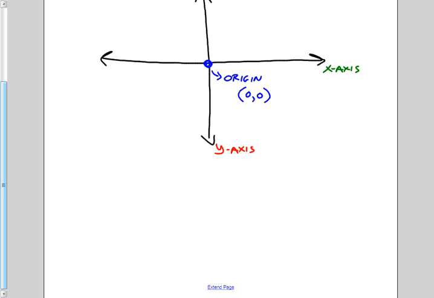Now, some other knowledge I think is helpful here. You guys should know that any coordinate on here is the value x, comma, y. And those x and y correspond to the x and y axis. Well, in addition, we can remember a few things about this. We can remember that x tells us left and right, and y tells us up and down.